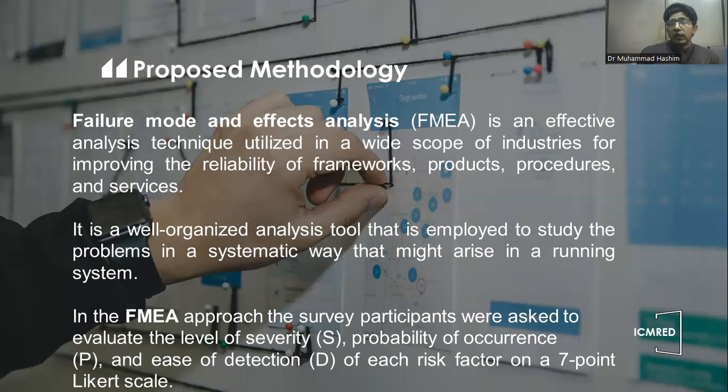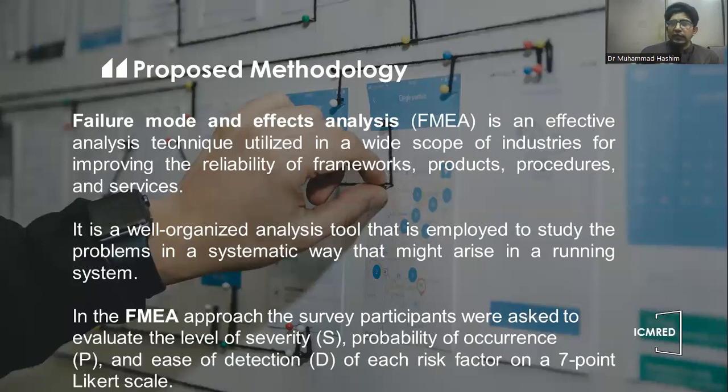It is a well-organized tool that is employed to study, in a systematic way, problems that might arise in running systems. In the FMEA approach, the survey participants were asked to evaluate the level of severity, probability of occurrence, and ease of detection of each risk factor on a 7-point Likert scale.